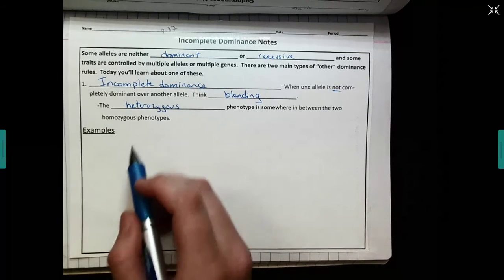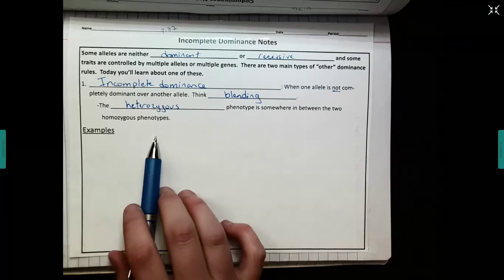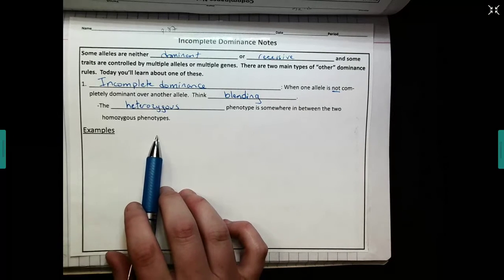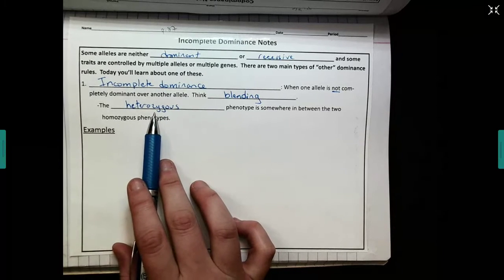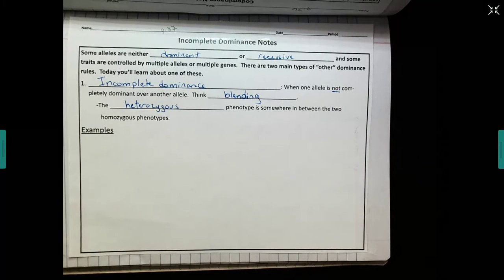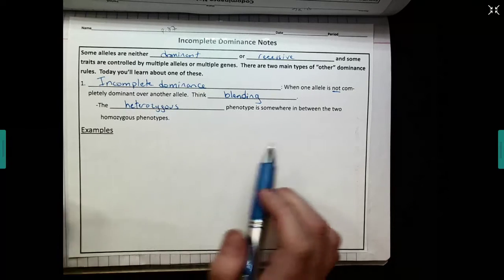So up until now, we've said big T is tall, little t is short. If you are heterozygous dominant, big T, little t, you would be tall. But that's not necessarily true. So we're going to look at an example of what we mean by incomplete dominance.